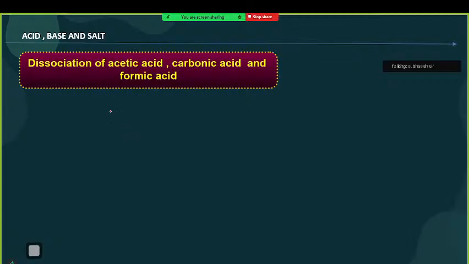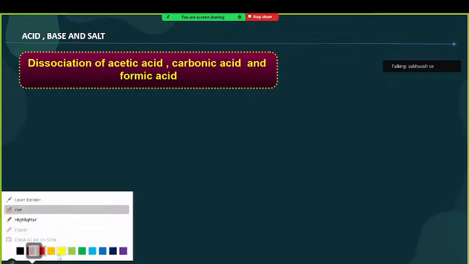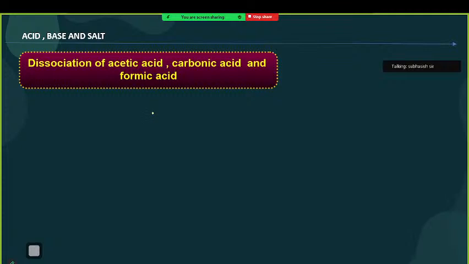Now acetic acid, how acetic acid dissociates, we already mentioned. This is acetic acid, CH3COOH. Though it contains many hydrogen atoms, here 3 hydrogen atoms, all those hydrogen atoms are not acidic. Only the hydrogen atom attached to an electronegative atom like oxygen is acidic in nature.